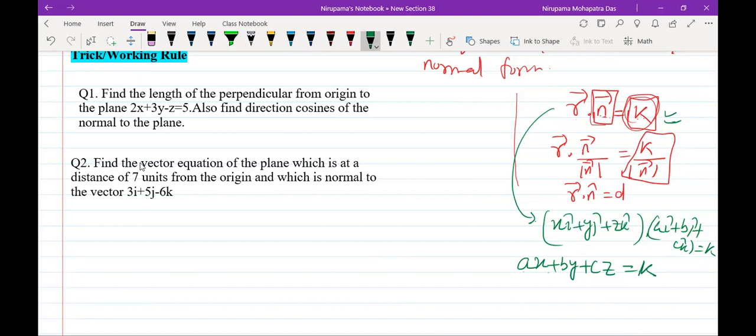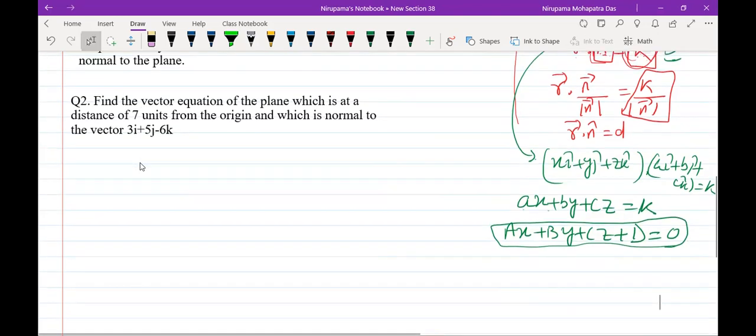What we can observe here is that any equation in the form ax plus by plus cz plus d equal to 0, any linear equation in 3 variables, represents a plane.